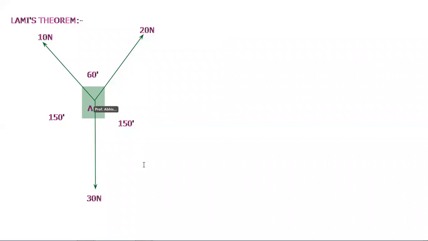when the three forces are given and one force is unknown, or one angle is unknown. Remember this thing: we use Lamy's theorem when one force or one angle is unknown. If two angles are the same, then you can find the two unknowns.